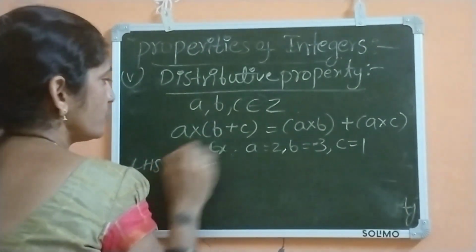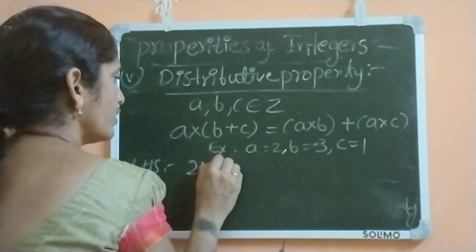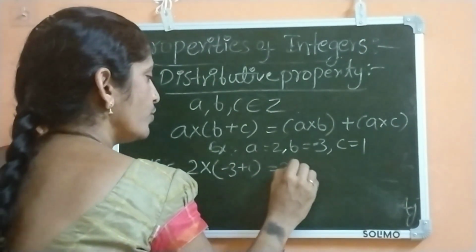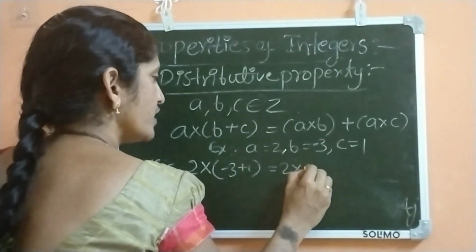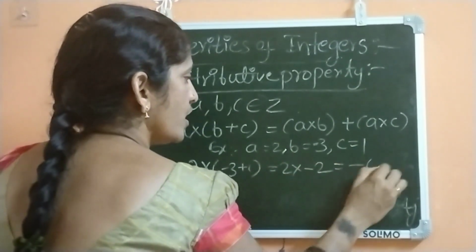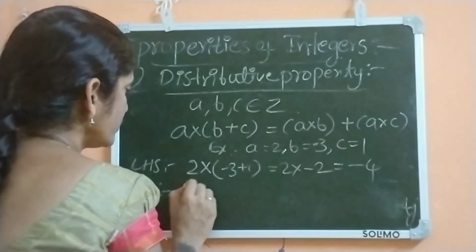I am going to check the LHS. a into (b plus c): a is 2, b is minus 3, plus c is 1. So 2 into (minus 3 plus 1) is 2 into minus 2, plus into minus is minus, 2 times 2 is 4, so LHS is minus 4.